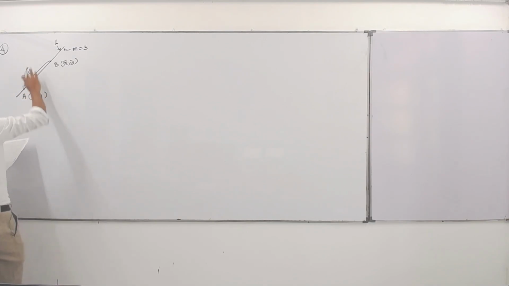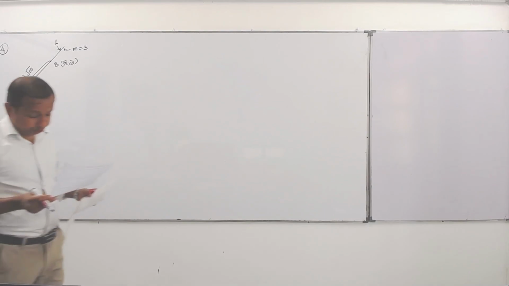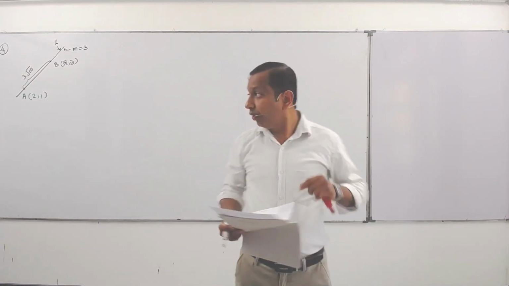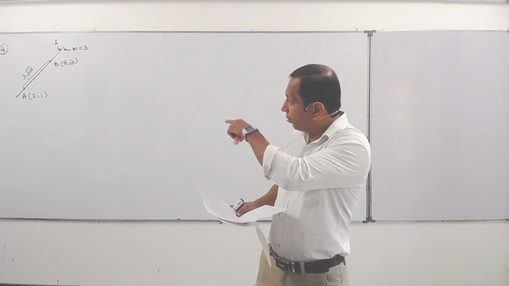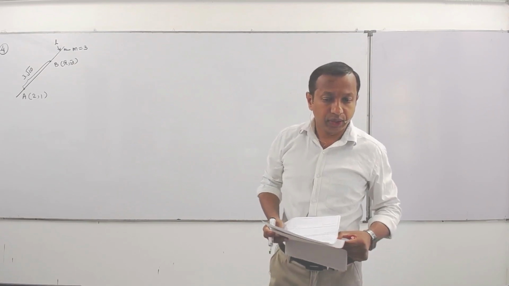Now it asks to find the coordinates of the point B. There are 2 locations for the point B. One is as in the diagram above the level of A, the other one on the same line L below the level of A. The 2 points come like that.